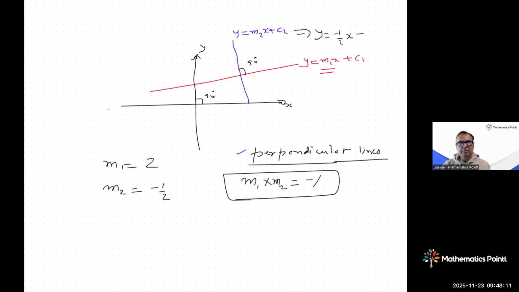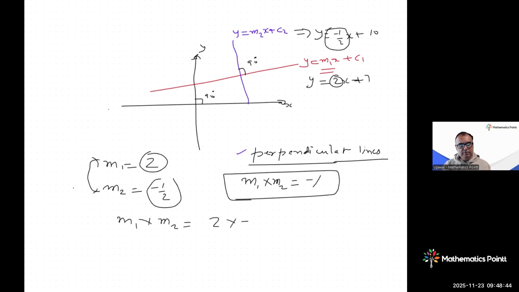I'm just making something up. Let's multiply their slopes. m1 times m2, 2 times -half.